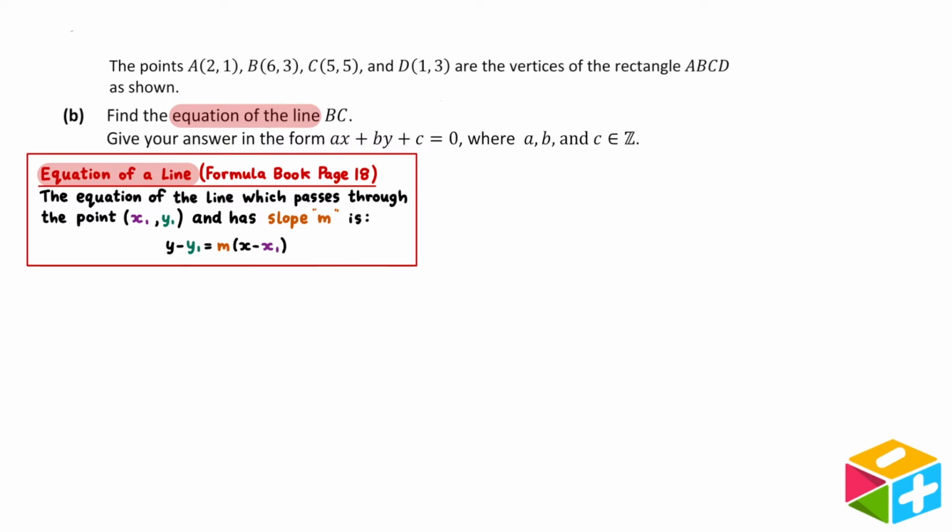On page 18 of the formula book, there's a result which will help us. It says that the equation of the line which passes through the point (x1, y1) and has slope m is y minus y1 is equal to m times (x minus x1).